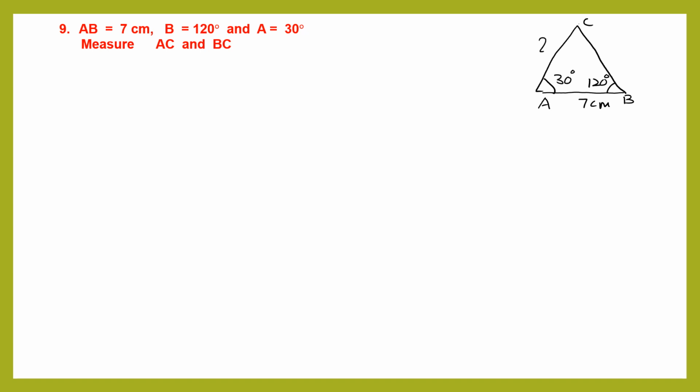We have to measure AC and BC, the sides. Now we need to think of first constructing the 30-degree angle at A, and for that we have to first construct 60 degrees and then bisect it. So let's begin to construct. Draw a line segment AB equals 7 centimeters. So we have A and B, that is 7 centimeters.